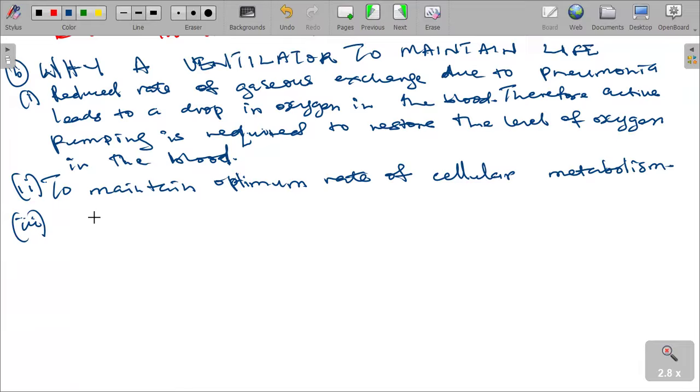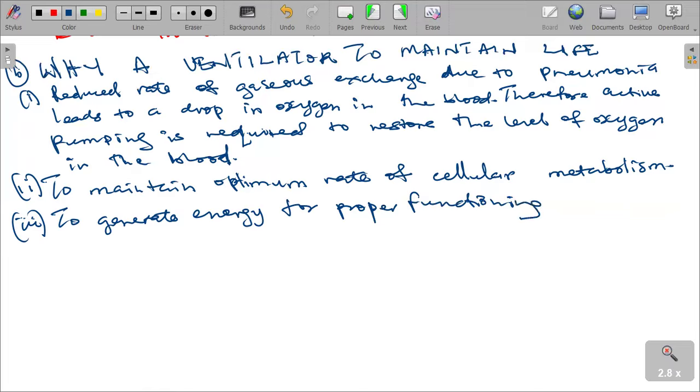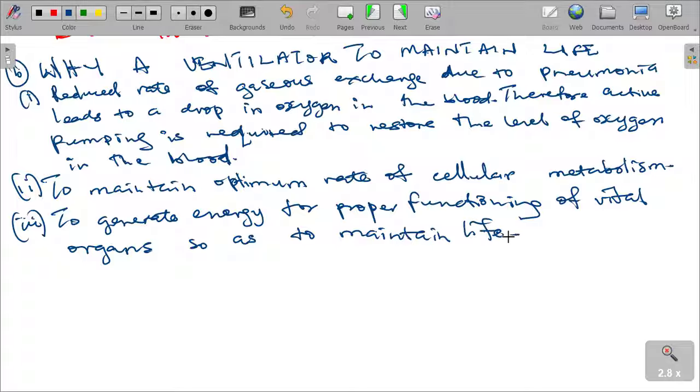The ventilator is also used to generate energy for the proper functioning of vital organs so as to maintain life.